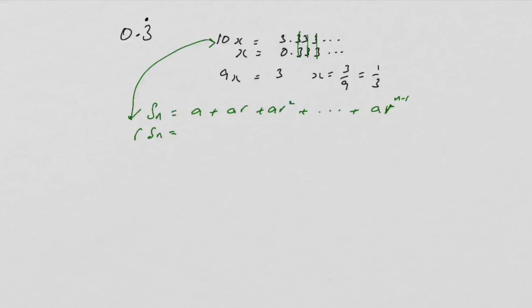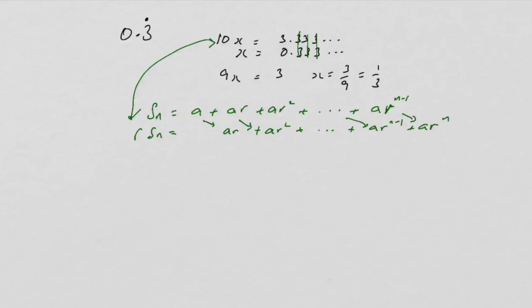and a becomes ar, ar becomes ar squared, and so on. ar to the n minus 2 becomes ar to the n minus 1, and ar to the n minus 1 becomes ar to the n.